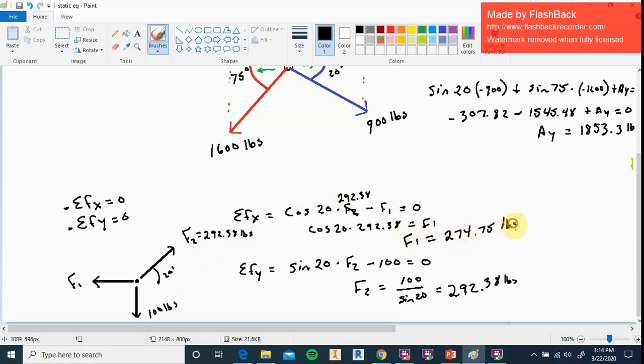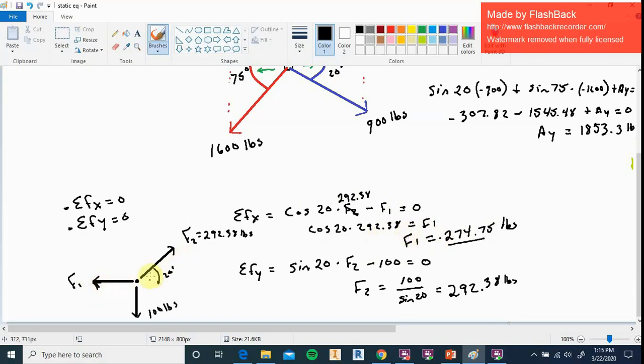All right, now that also came out positive, which is good because we already had the arrow direction going negative. So that confirms it. If that would have been negative, then that would have meant that our arrow direction here is incorrect, so we would have had to flip it.